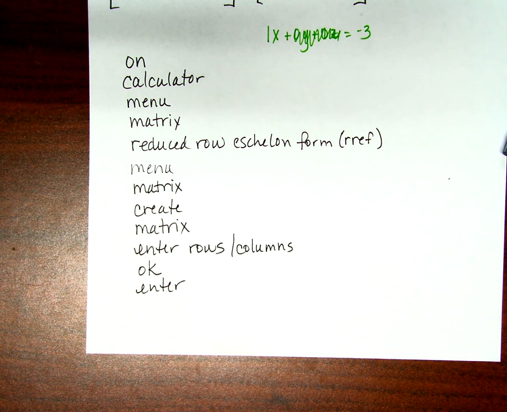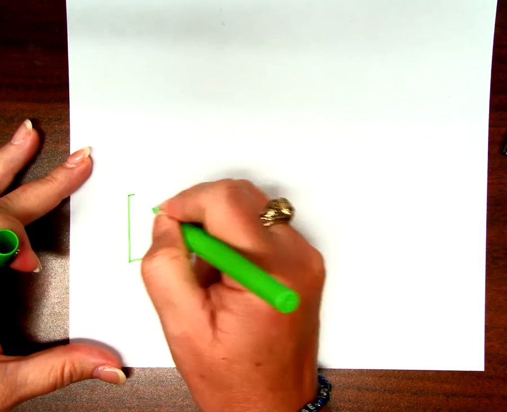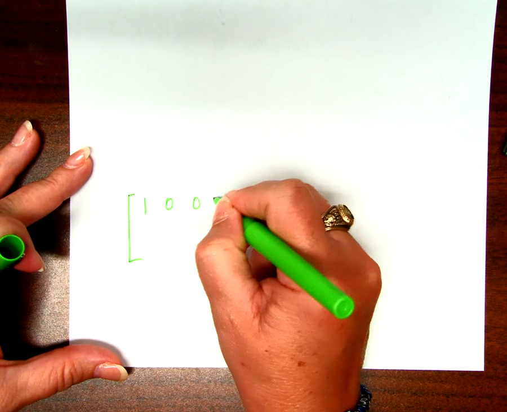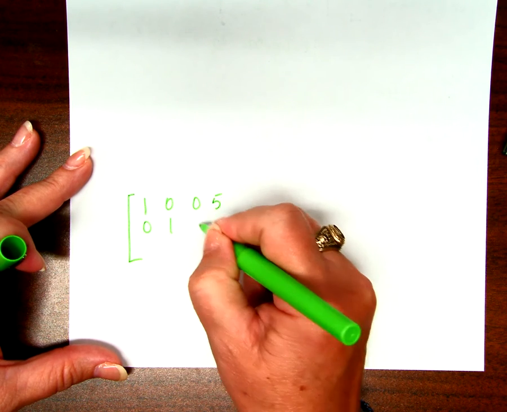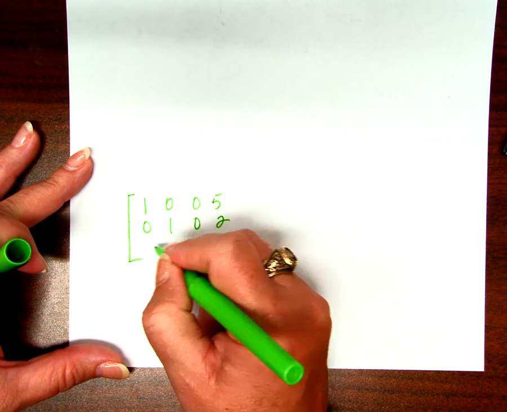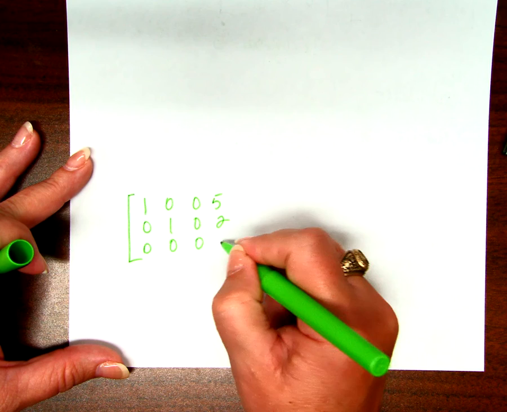Do you have questions about this? Yes. So 1 0 0 5, 0 1 0 2, 0 0 0 3.